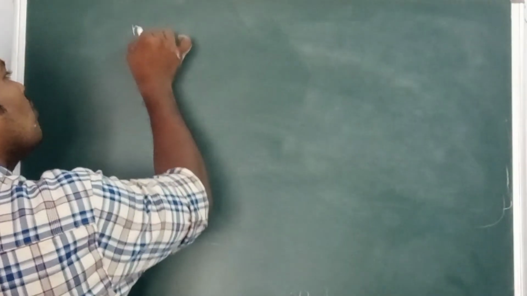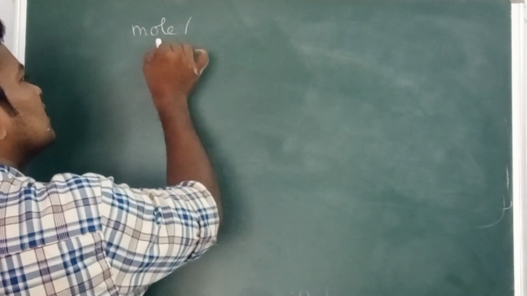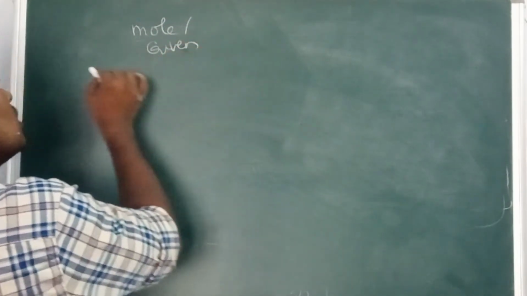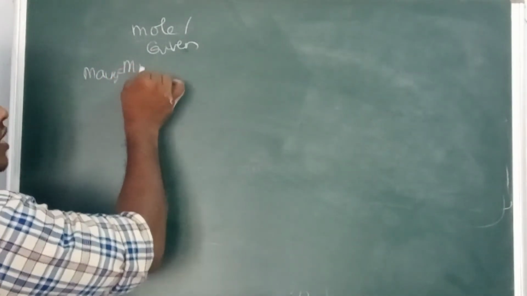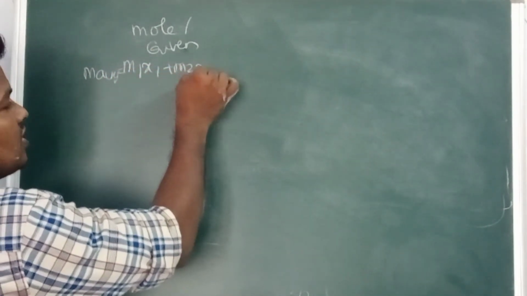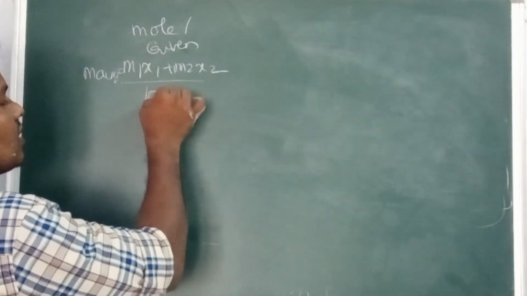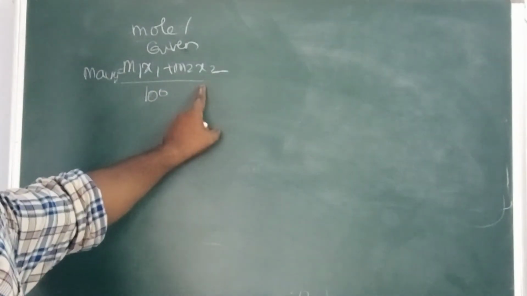For example, if mole percentage is given, M average is equal to (M1 x1 plus M2 x2) by 100. If three are there, add M3 x3.